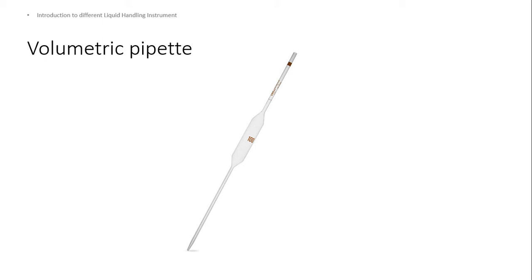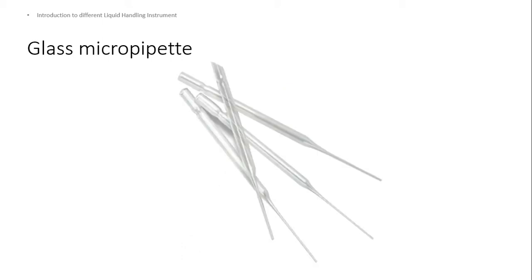If you can see, there is a label which determines the volume. You can see from the side the volume that it is intended for. The next in line is the glass micropipette. These are used to physically interact with microscopic samples, such as in the procedures of microinjection and patch clamping.